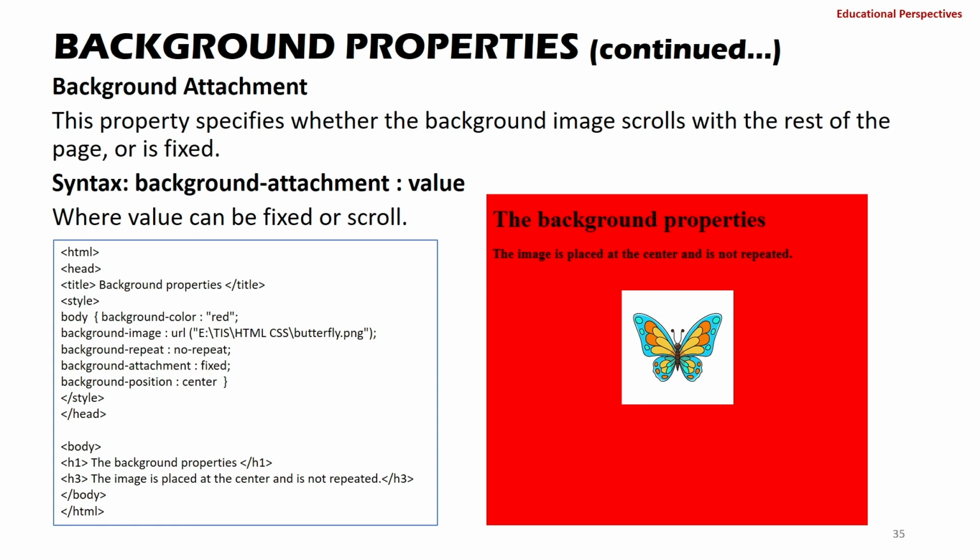It will be shown only once, and I have specified its position as center, so it is placed in the center. And background-attachment is fixed, so it will not scroll along with the text.